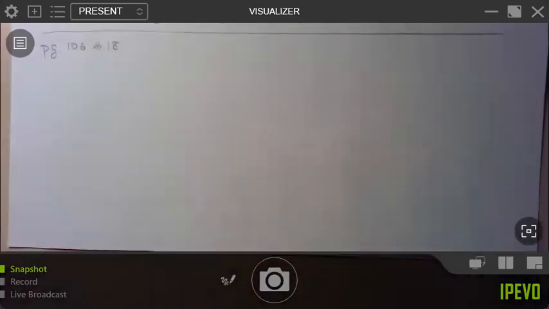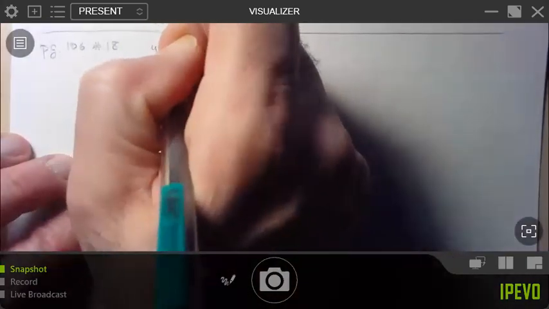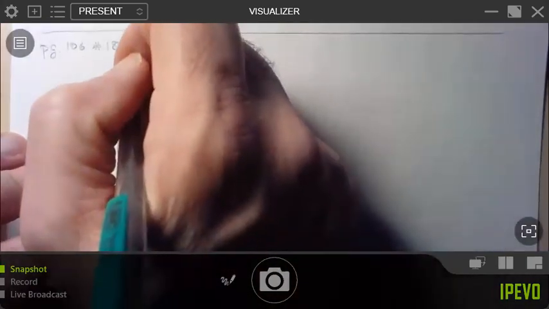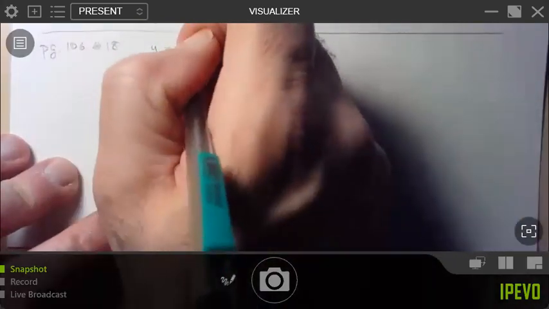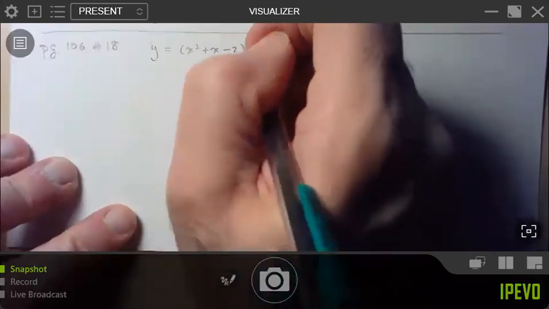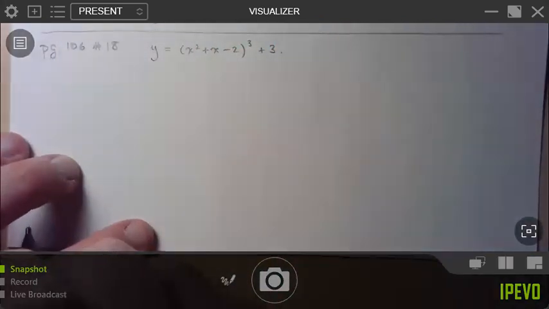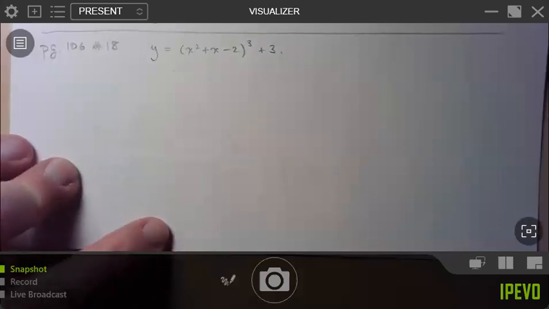Okay. So let's start with my function x squared plus x minus 2, all cubed plus 3. Okay. And at the point 1, 3.